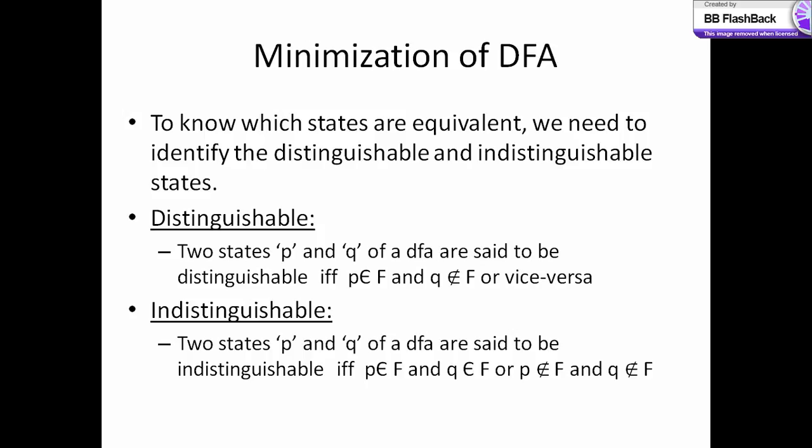And indistinguishable states: if both the states in a pair belong to final states or both belong to non-final states, then it is called indistinguishable states.